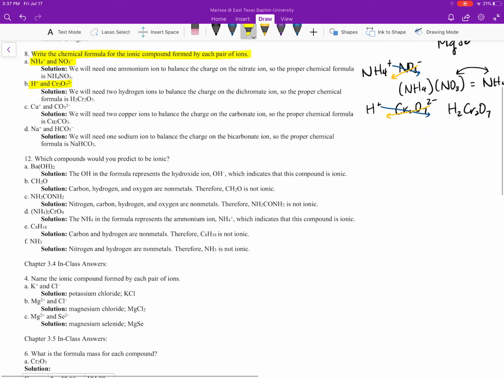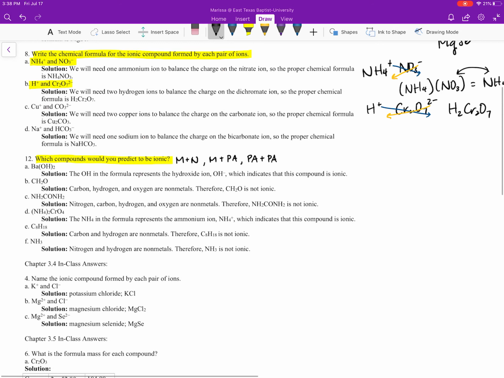The next question says, which compounds would you predict to be ionic? So remember, these are going to be our metals and our nonmetals, or our metals and our polyatomic groups, or our polyatomic and polyatomic groups. So we need to look to see whether or not these things are made up of metals and nonmetals or polyatomic groups, and that way we'll know.